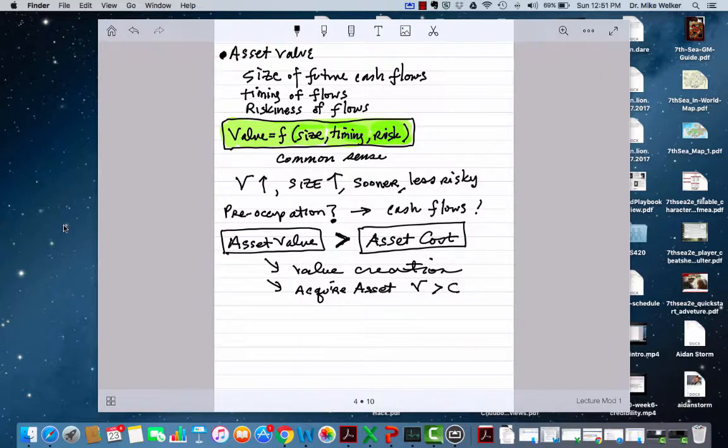Of course, if the asset is not achieving this result, we do not acquire. If the asset is not properly valued, we're going to make a faulty decision.